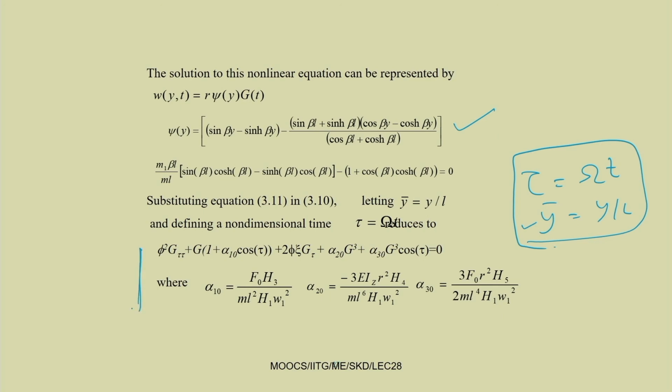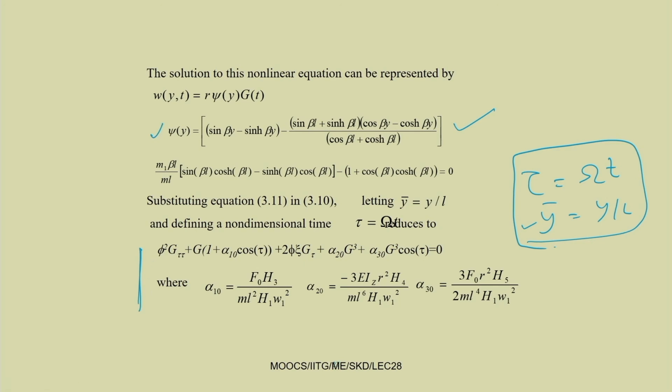So, you have to apply the Galerkin method. Substituting these mode shapes in the original spatiotemporal equation, finding the residue and then multiplying by the weight function, which can be taken the same as this one, and applying the orthogonality principle, you can reduce this equation to this form. So, this is in temporal form.